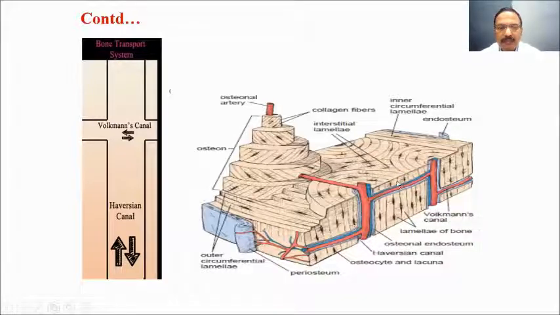But here, since it is mineralized, substances cannot diffuse through the bony lamellae. So Volkmann's canal and Haversian canals bring these blood vessels and nerves to the osteocytes. From there, it comes to the canaliculae, to the lacunae, where the osteocytes are resting.